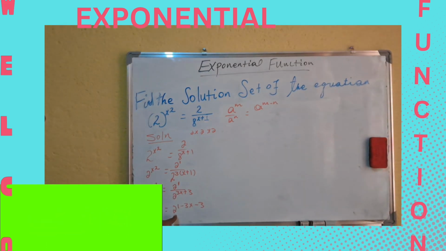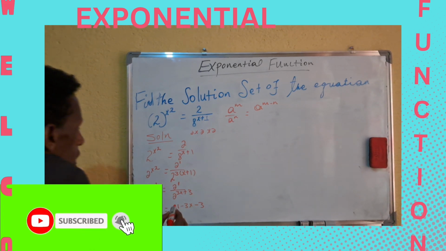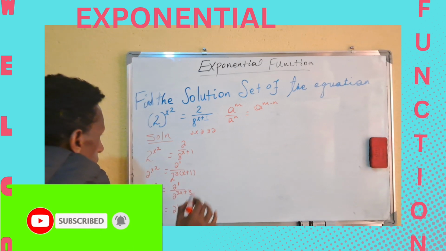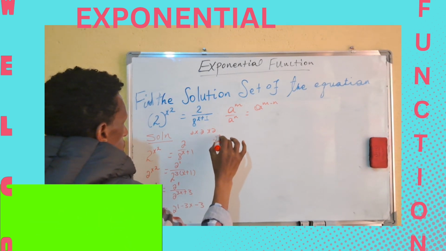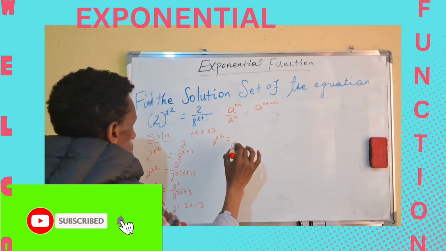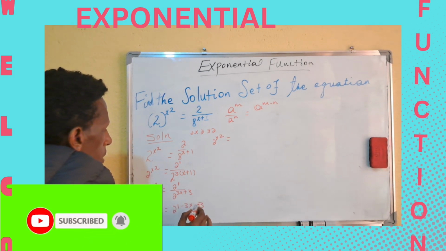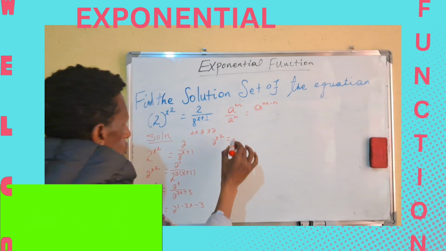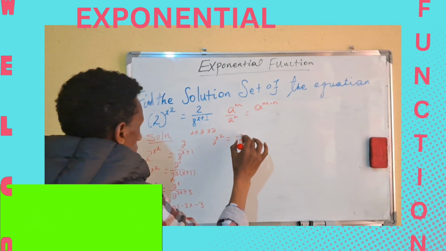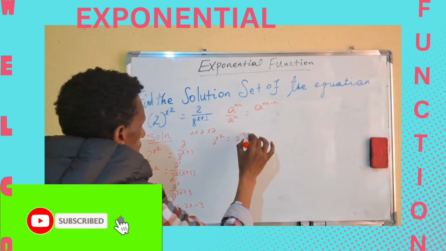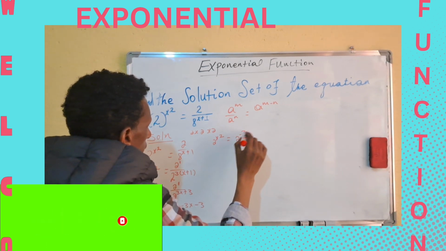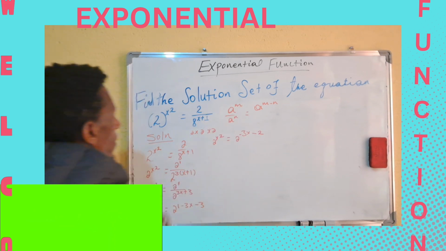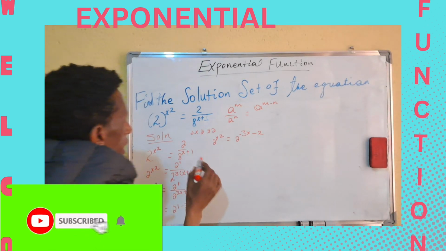Now we have the same base, 2, on both sides, right? So 2 to the power of x squared equals 2 to the power of 1 minus 3, which is minus 2, so 2 to the power of minus 3x minus 2.